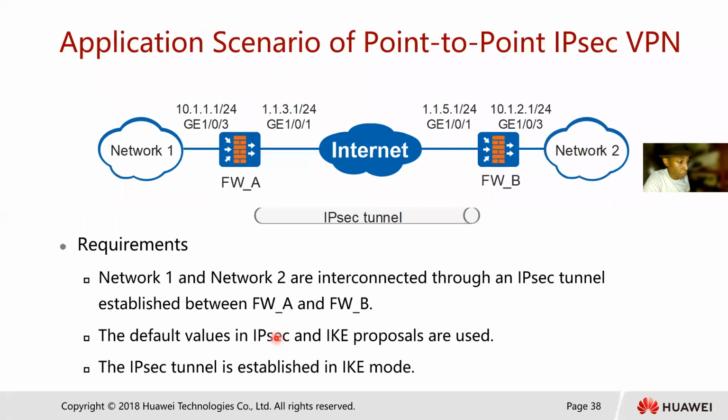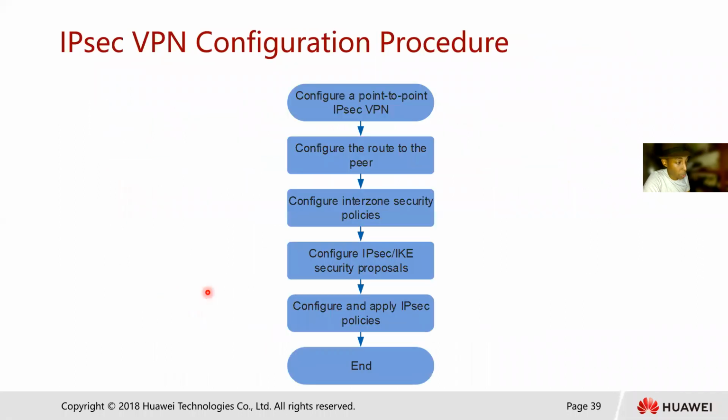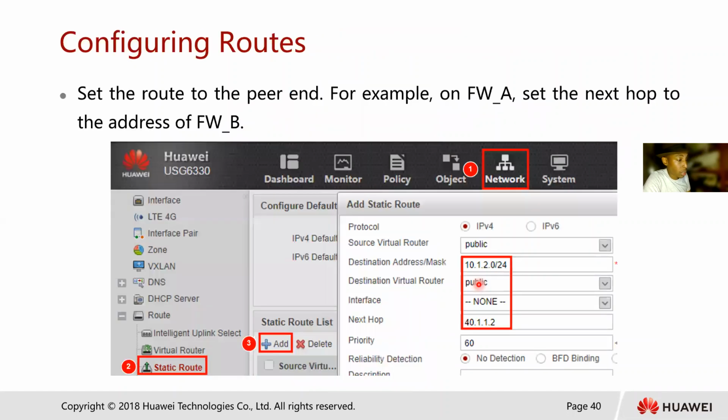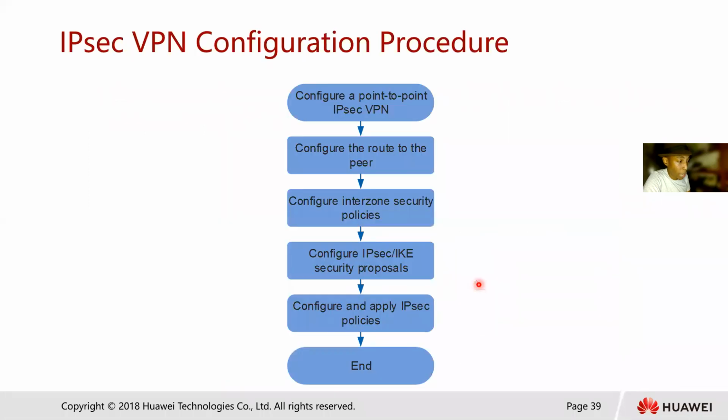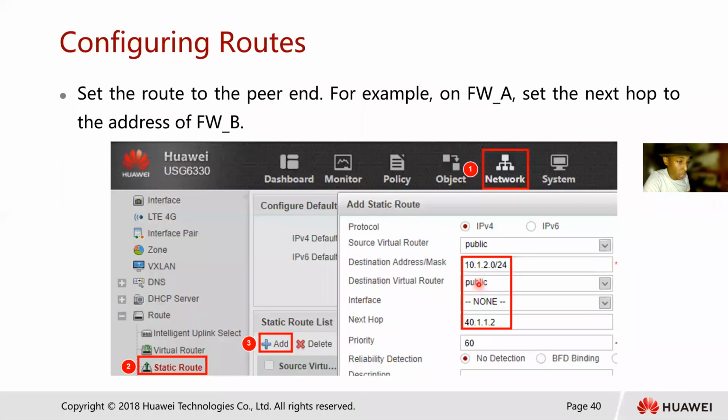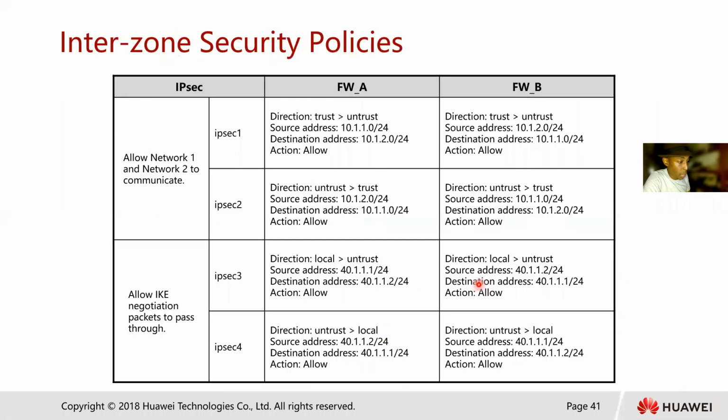There's also an application scenario for point-to-point IPsec VPN. You should know the requirements of this application scenario, and then look at the configuration procedure, what you need to do so that you can say you have finished configuring. On the web user interface for IPsec VPN configuration, you're also given some steps.